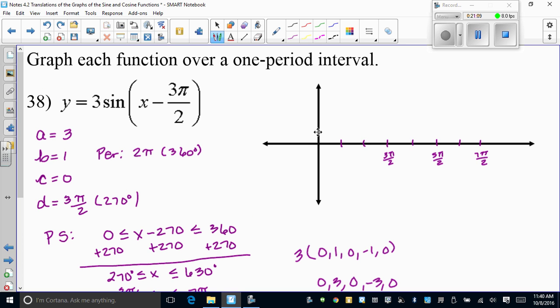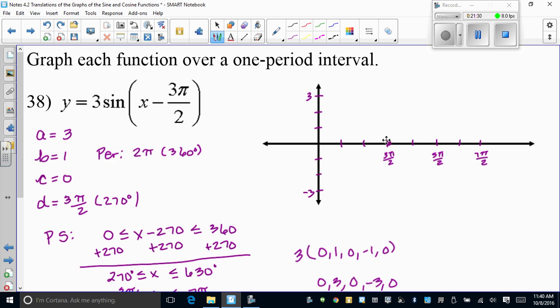So set up my y values, 1, 2, 3, so there's 3. I also go down to -3, 1, 2, 3, -3. So I'm over here, starting at 0. Just don't forget where you're starting.